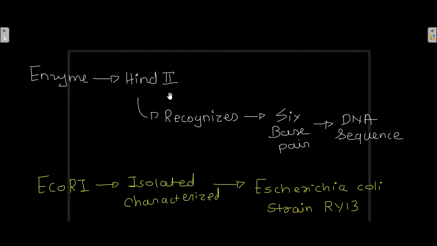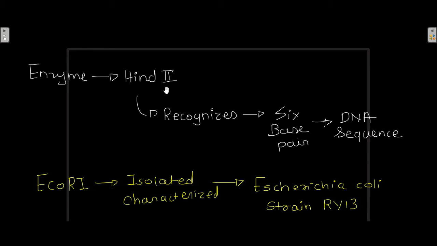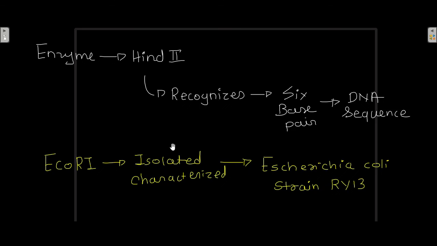This was the first restriction enzyme that was isolated. After the discovery of this restriction enzyme, EcoRI was the restriction enzyme that was isolated and characterized from Escherichia coli strain RY13.